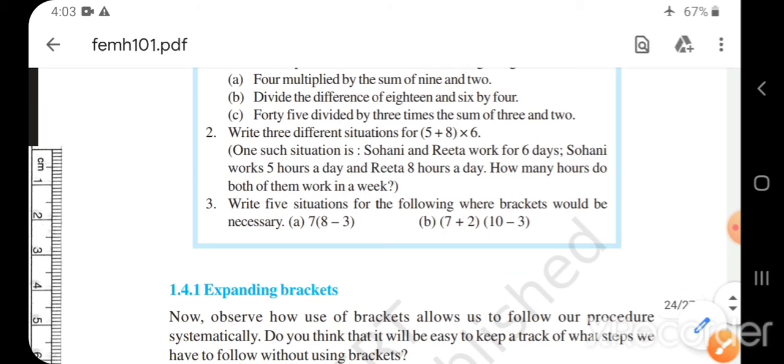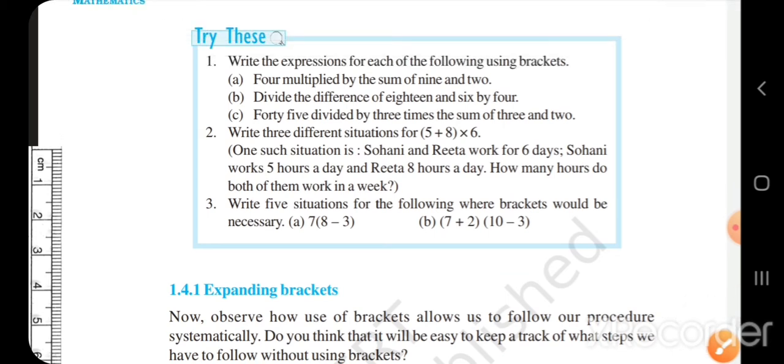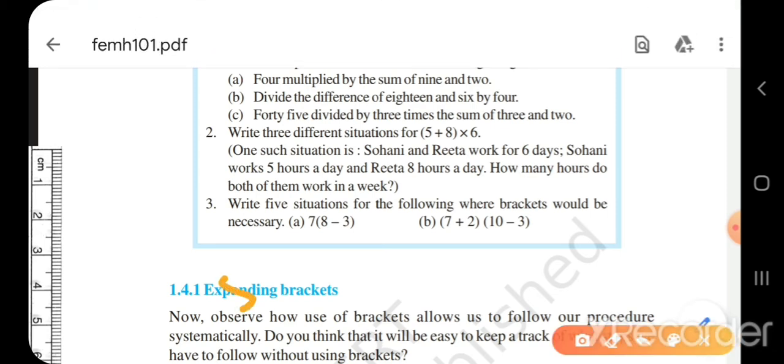Write a different situation for 5 plus 8 into 6. So we can write it as 5 into 6 plus 8 into 6.